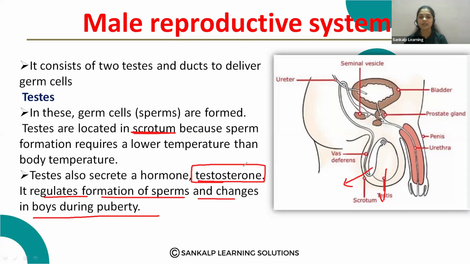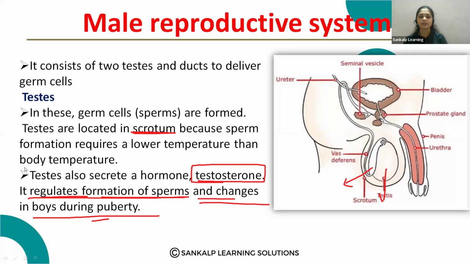That is the function of the testosterone, very important. In the exams they will ask what is the function of the testosterone. You should write it regulates the formation of the sperms. That is the first function, and also changes in the boys during puberty. The body changes that occur in boys during puberty are also by the testosterone hormone.